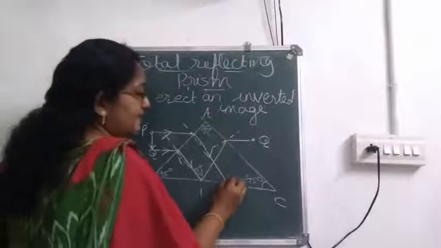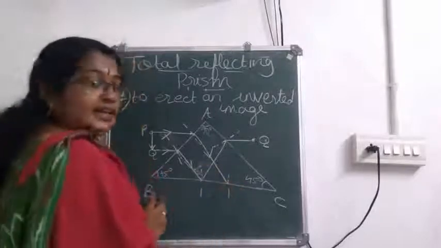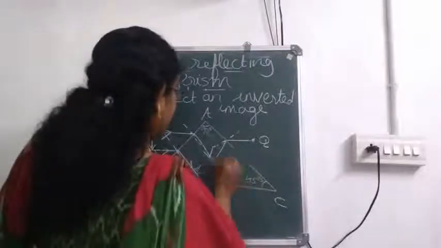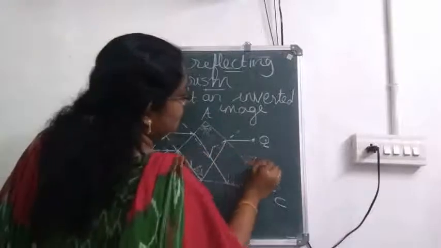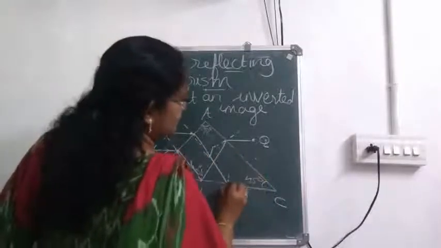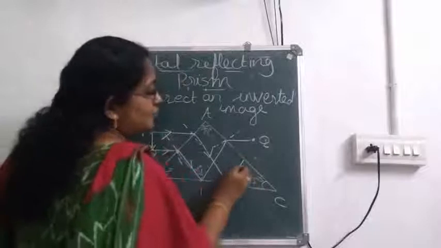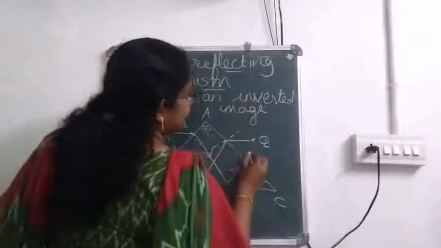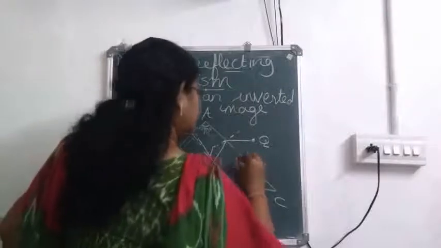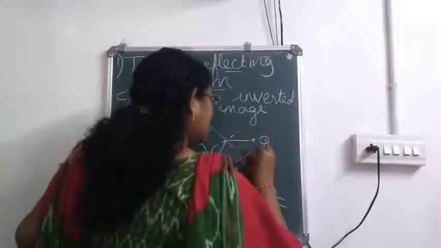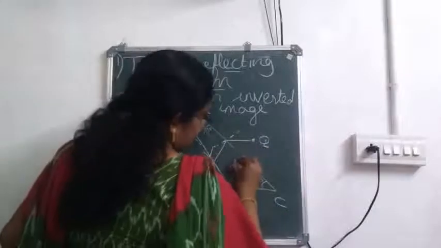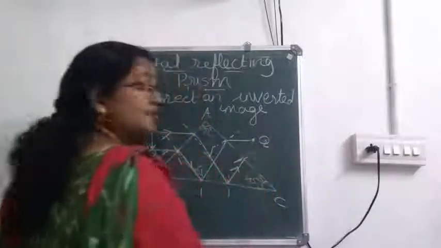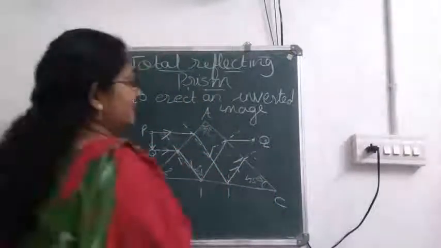Then here it makes an angle of 45 degrees, which is greater than the critical angle. So it undergoes total internal reflection. Here the angle of incidence is less than the critical angle.